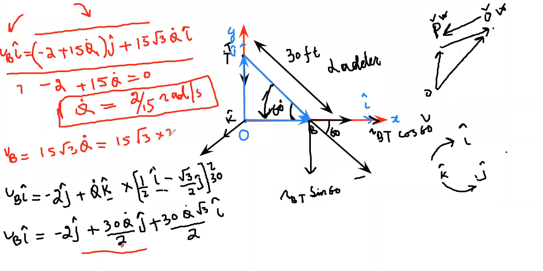Theta dot is 2 by 15. 15 and 15 cancel. Therefore velocity of point B becomes equal to 2 under root 3. Since the velocity is given in feet per second, it will be 2 under root 3 feet per second. Therefore we have found the velocity of point B.